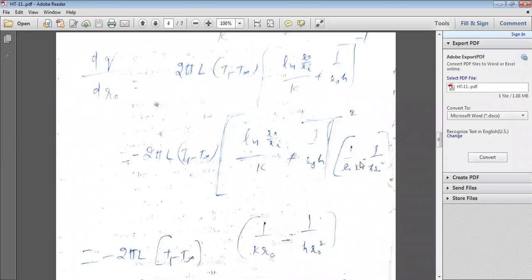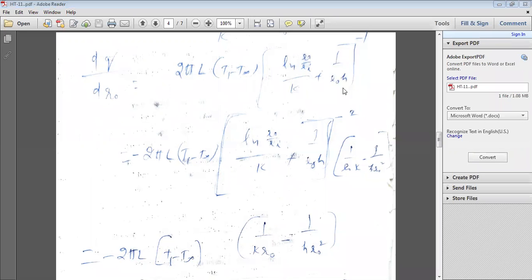It is minus 1 into Ro to the power minus 2, and if you take it to the bottom, it is minus 1 by H Ro square. Yes, from the mathematics, x to the power n, like that.